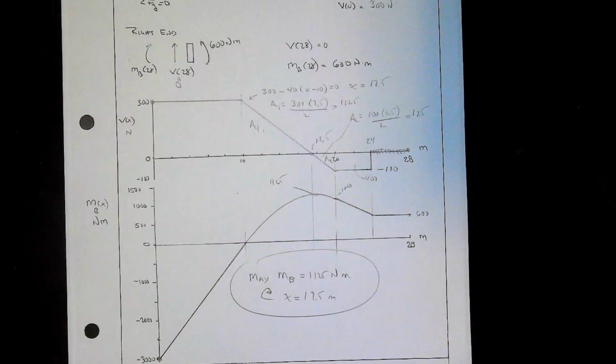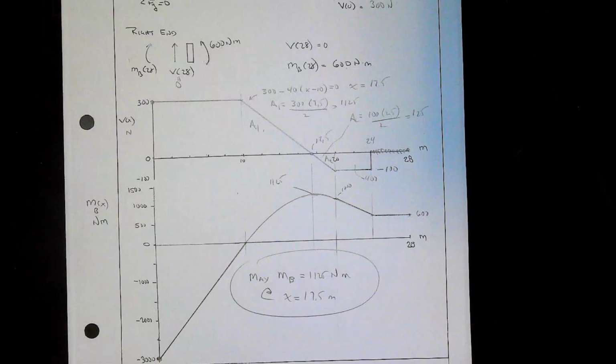This area here is 1125. So that seems like a good spot for it. So I'll put that right in there. So now I need to draw this in, so I match the slope.